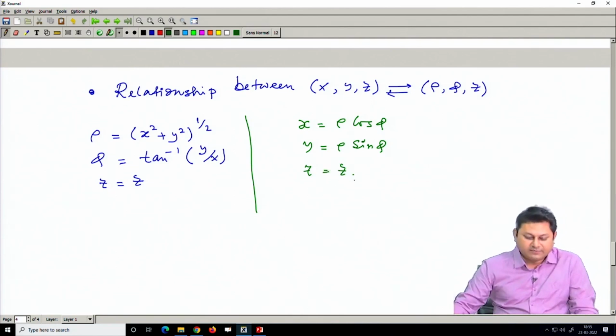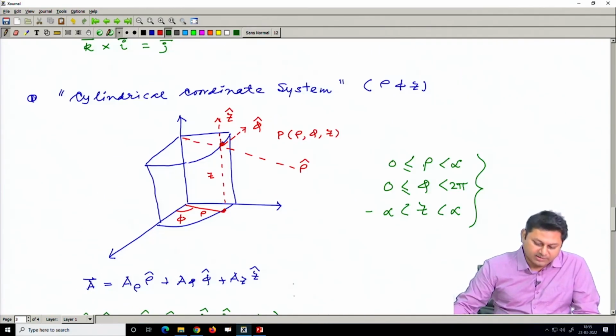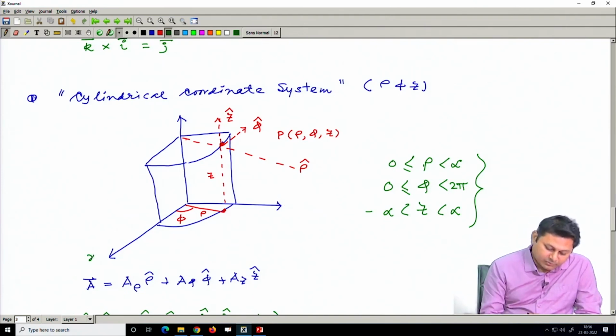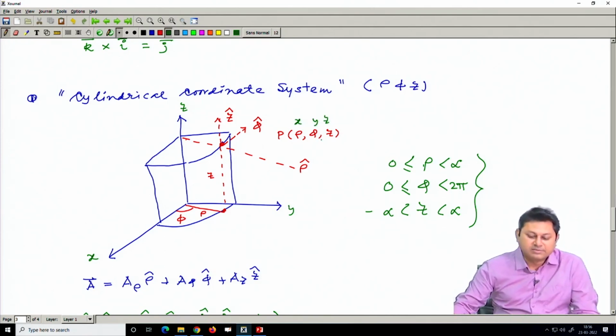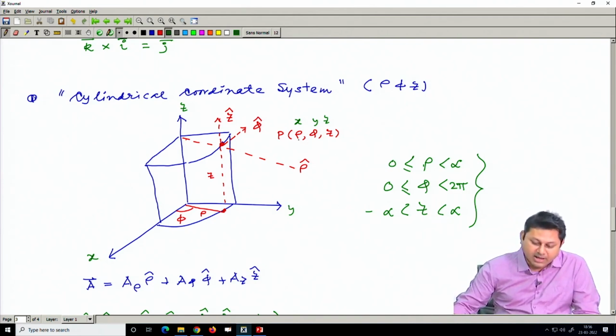So, that is quite trivial. If you just look at this coordinate system, what is the value of rho if this is x, y, z, the line I am drawing here, then you know the relationship between the x, y, z point and the rho phi z point. If rho phi z is given, you can calculate x, y, z.